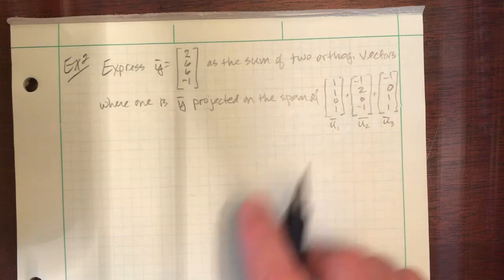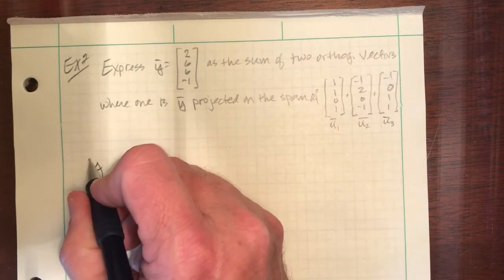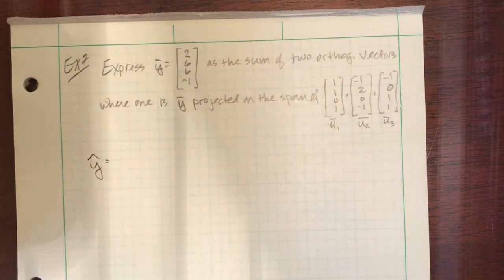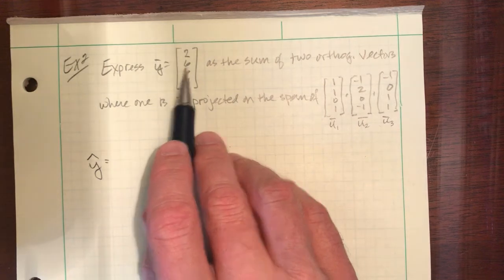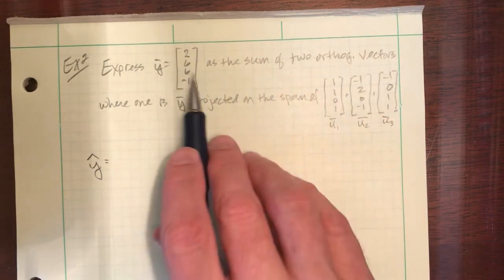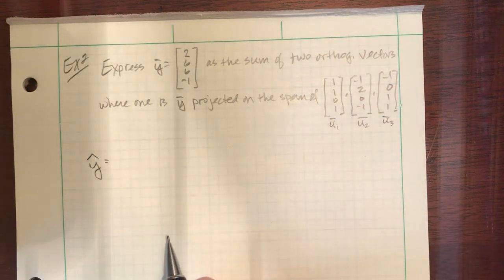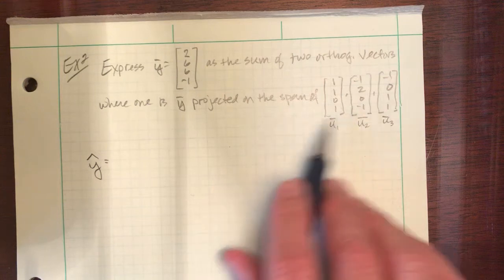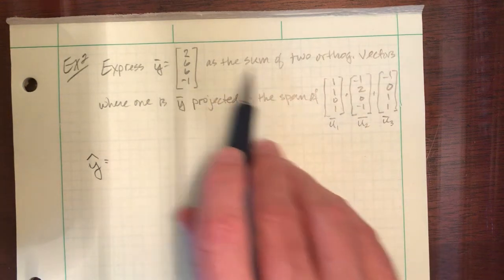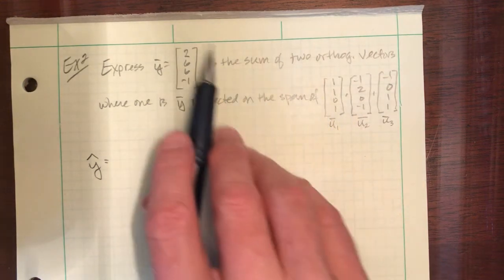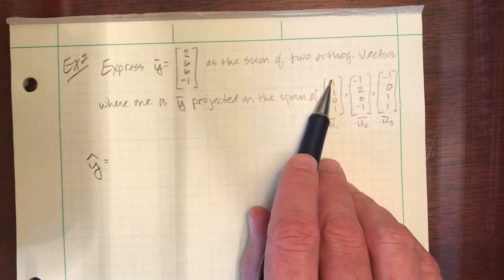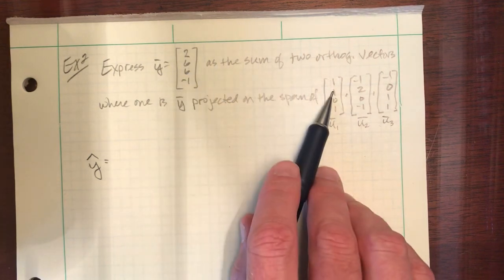So we're going to do the same thing. The move is exactly the same as what we did before. We're going to dot y with each of those separate vectors, creating scalars for each one of those. So doing that, I'll do the first one and then we'll speed things up. So I'm just going to point this time and call out numbers. So 2 times 1, 2. 6 times 1 is 6.